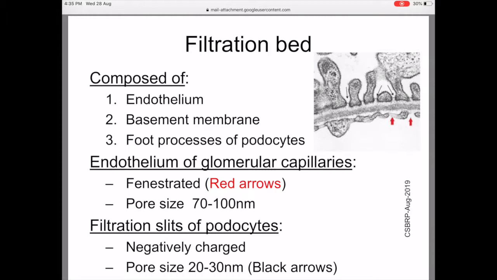If you look at the structure of the filtration bed, the endothelium, which is of fenestrated type, will have holes with a size of 70 to 100 nanometers, and these filtration slits of podocytes are negatively charged and have a pore size of 20 to 30 nanometers, which are represented by black arrows here.